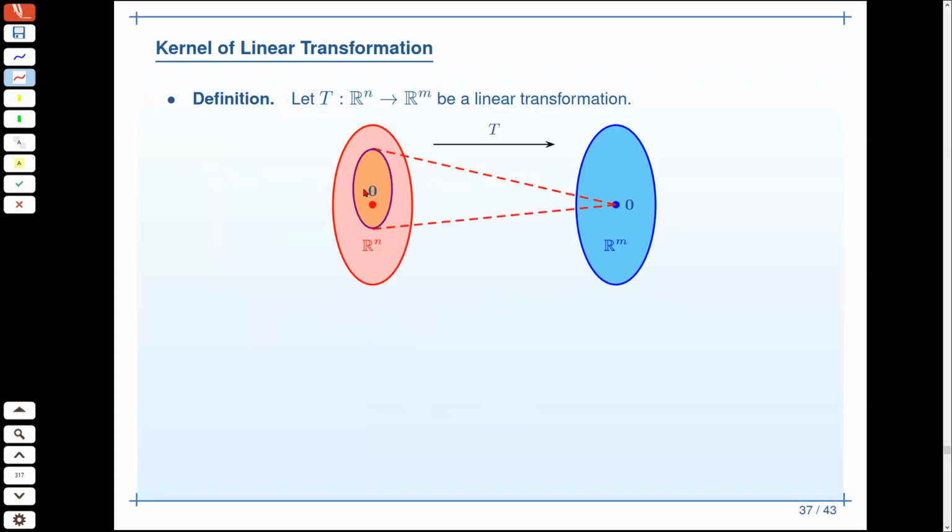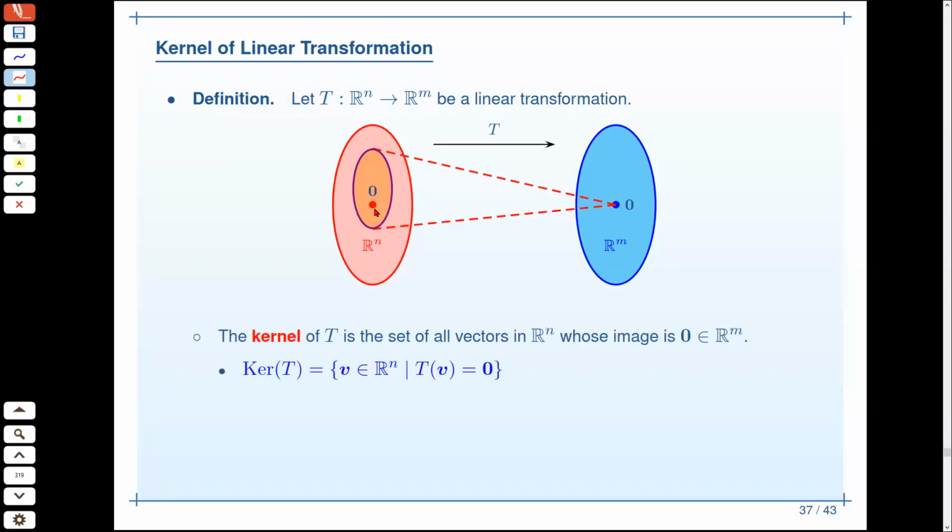So we just consider all the vectors in Rn which can be sent to 0, and this part is going to be the kernel of the linear transformation. The collection of all the vectors which are sent to 0. Of course, at least it contains the 0 vector, but maybe the whole of Rn, we don't know.